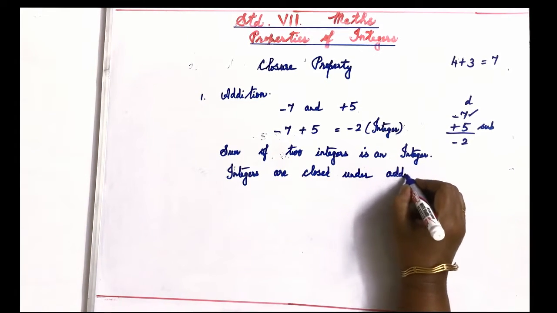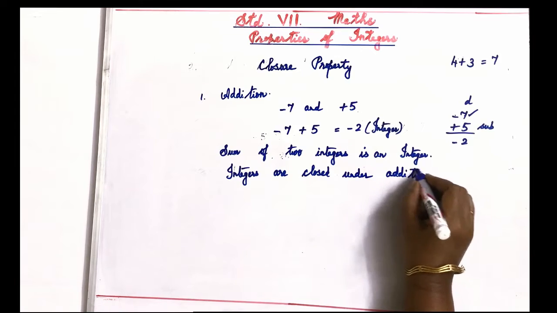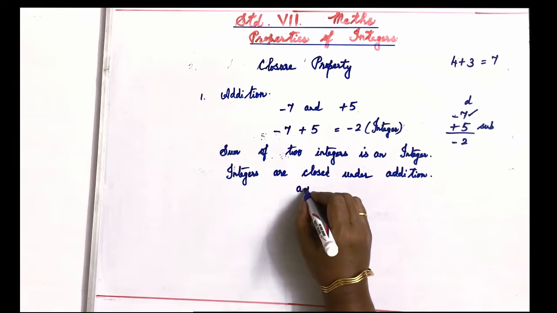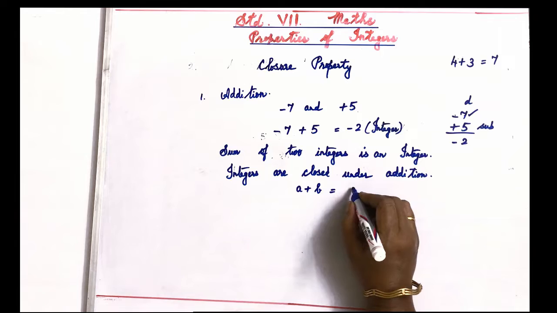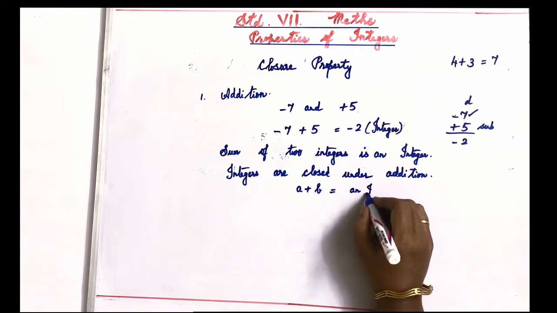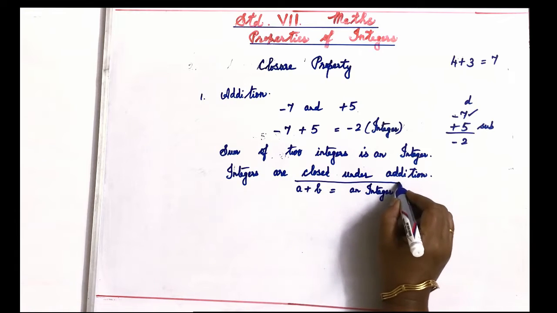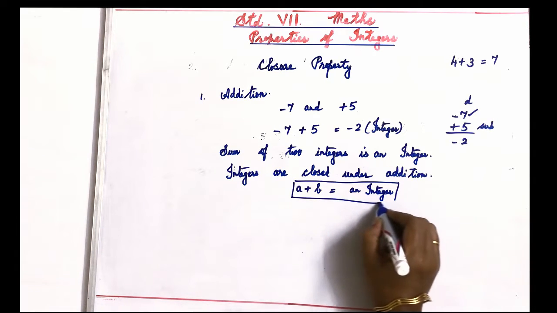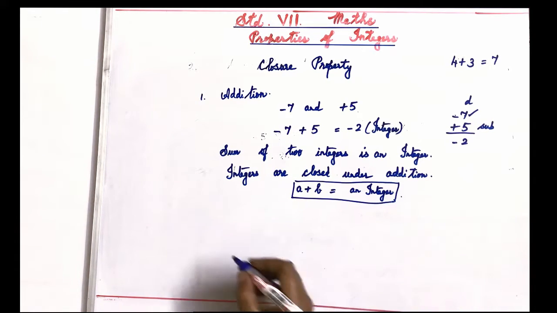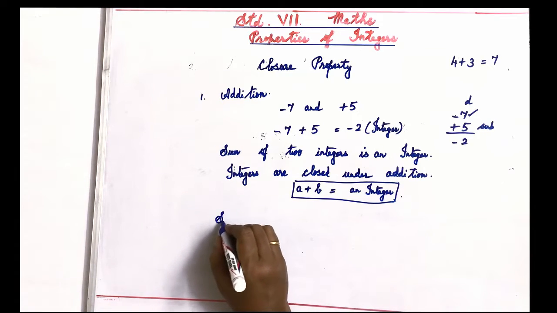And this property is called closure property. We can write it as a plus b is equal to an integer. So this property is called closure property of addition. Next we are going to see closure property in subtraction.